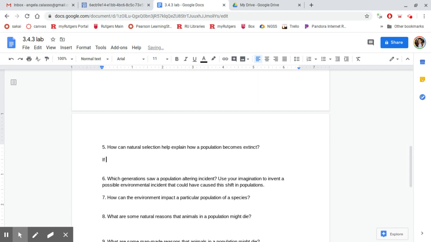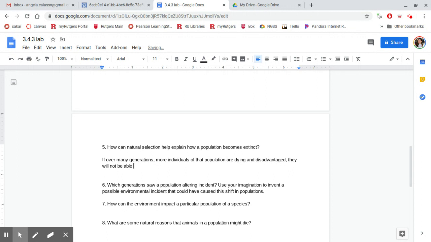If over many generations more individuals of that population are dying and disadvantaged, they will not be able to pass on their traits and inevitably become extinct. Okay, so that's what happens.